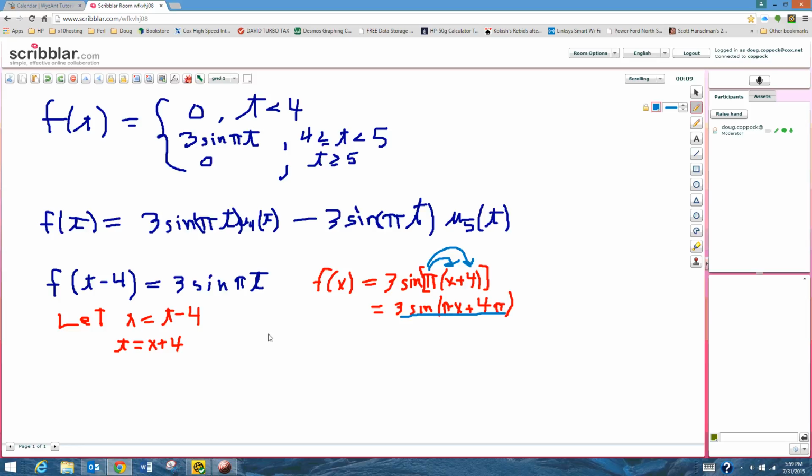The sine of a plus b is the sine of a times the cosine of b plus the cosine of a times the sine of b. So I can rewrite that as 3, and I'll leave the 3 on the outside. So I'll get the sine of pi x, and we could put t back in here, cosine of 4 pi.